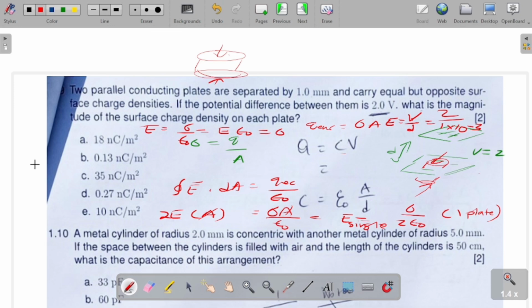Multiply 2,000, or is it 20,000? 2,000. Multiply 2,000 by epsilon. What do you guys get?